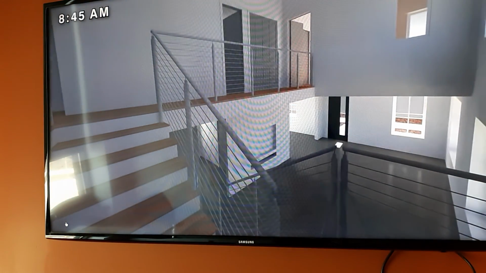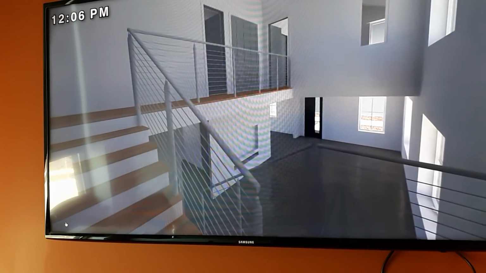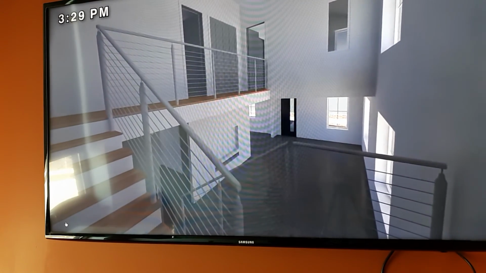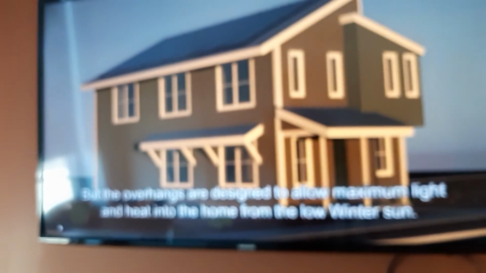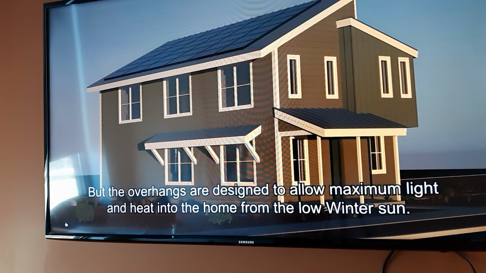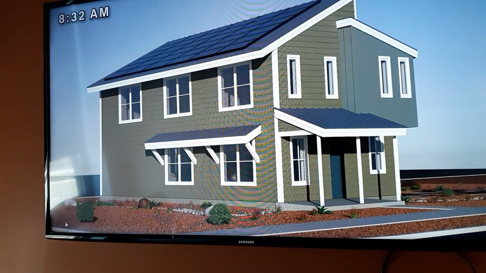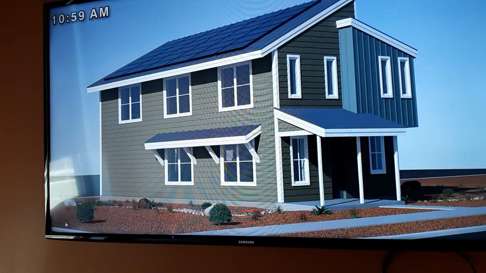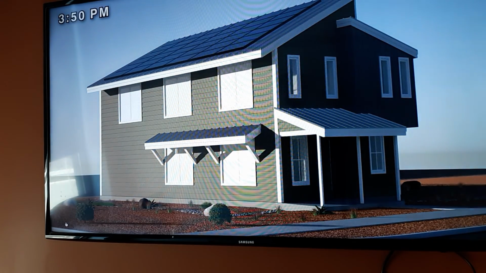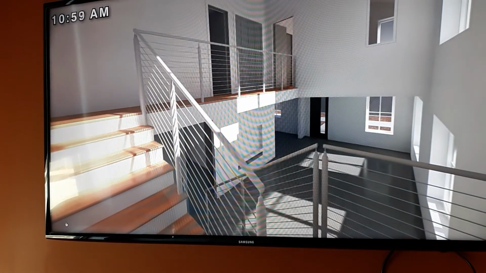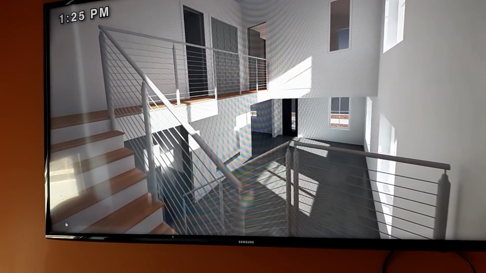And this is the interior of the house. We see the angles of the sun coming in during the time of the day and where it's at. So the overhangs are designed to allow maximum light and heat in the home. Here's the modeling in the winter showing how the sun is going to hit the building and where. And also gives us a winter depiction for the interior where the sun's going to be at.